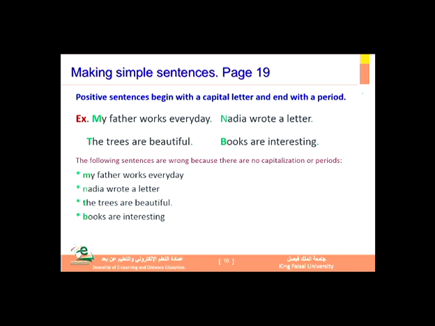They are not, for example, conditional sentences, in the sense that they contain different word order, but they are affirmative sentences, positive sentences. So when the sentence is a positive sentence, it is going to begin with a capital letter. Not only that, at the end of the sentence, you will have a period, a full stop.